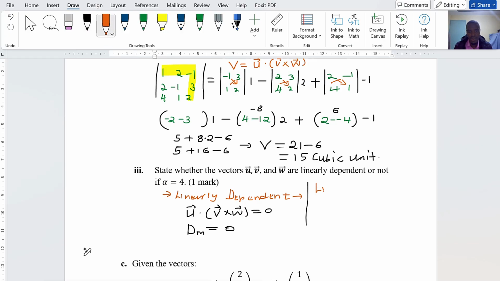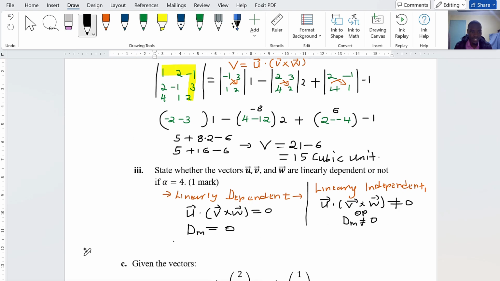If the vectors are linearly independent, then the scalar triple product u dot v cross w is not equal to 0. Simply, we can say the determinant of the matrix formed by the three vectors is not equal to 0.